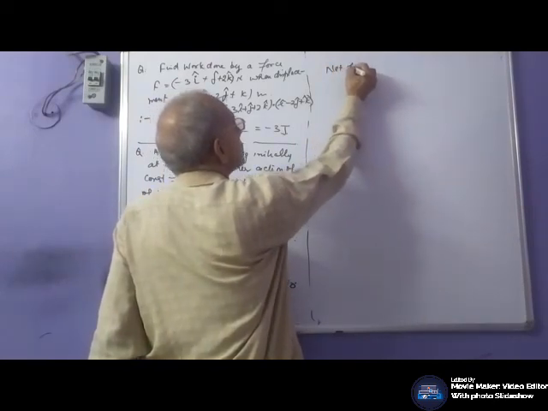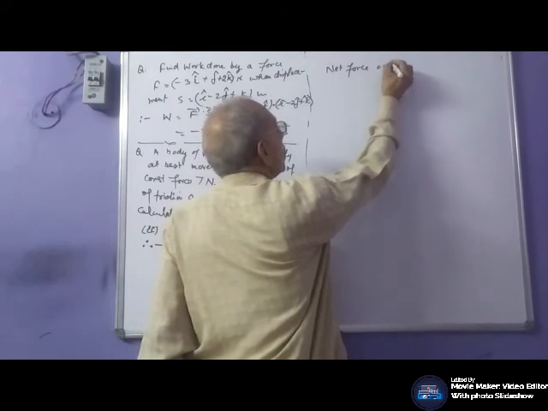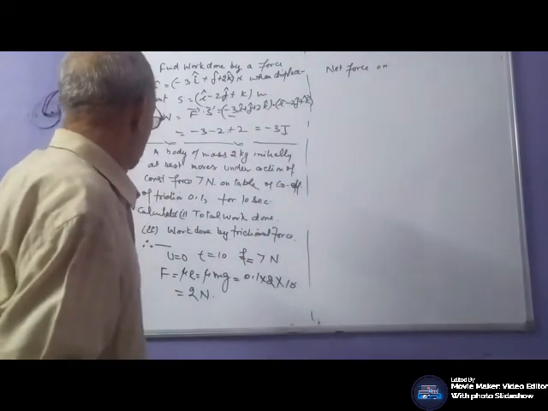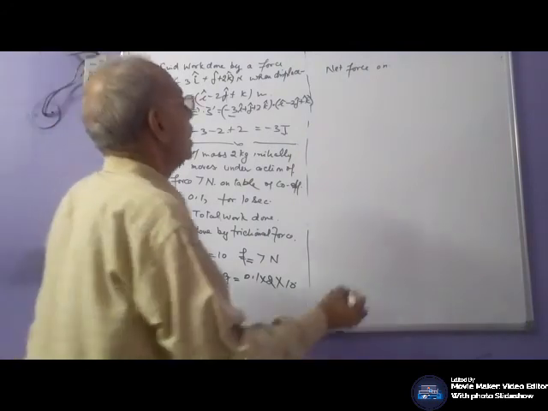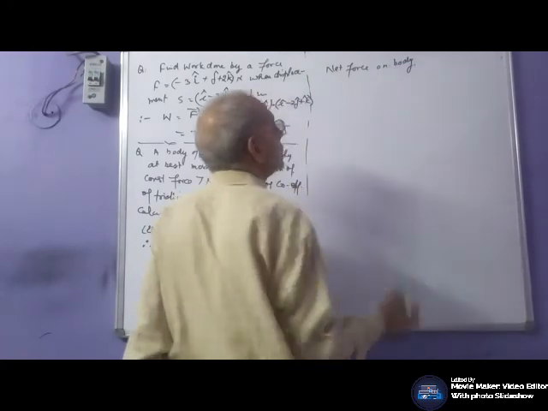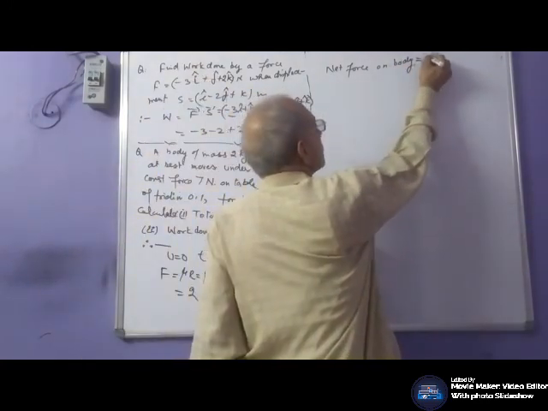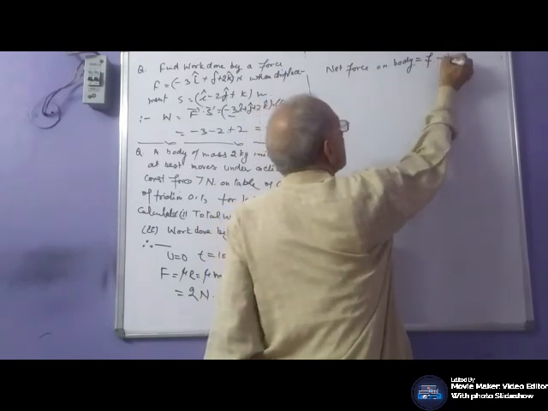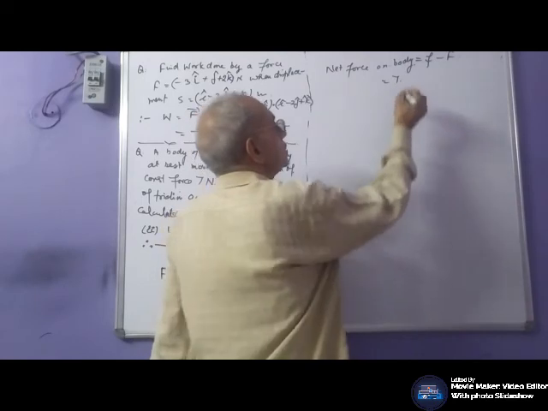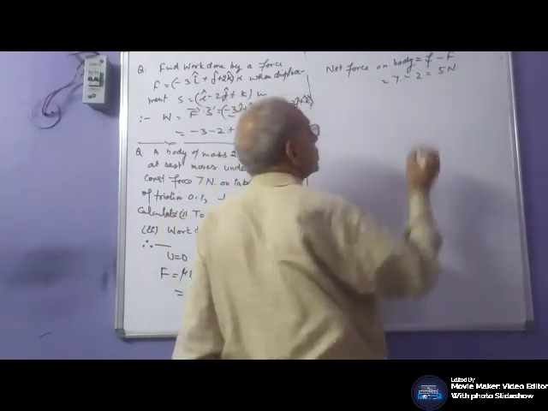Net force on the body: this is applied force, this is force of friction. Applied force is 7, force of friction is 2, so this is net force, 5 Newton.